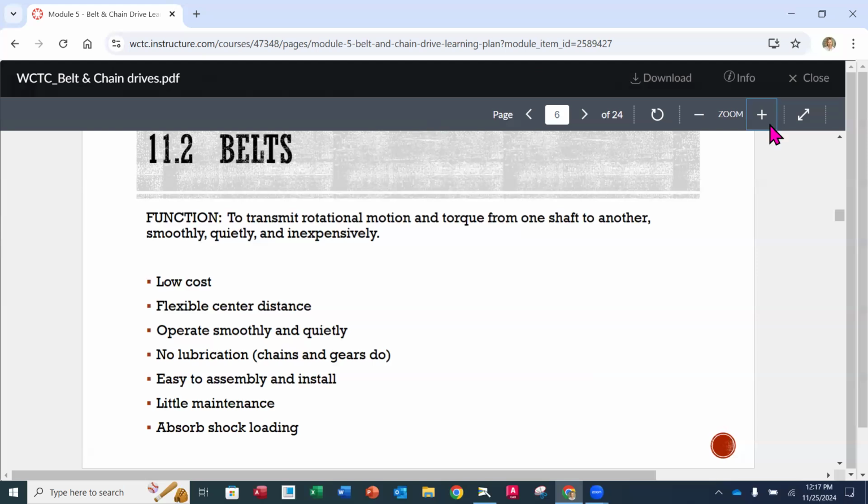I'm going to pull the chat box out. Why would we want to use a vendor's process? I'm not saying that the book here isn't valid, because it is, but if we have a specific vendor that we know we're going to buy our belts from, so maybe Gates is a very popular belt manufacturer, why would we want to follow their process?